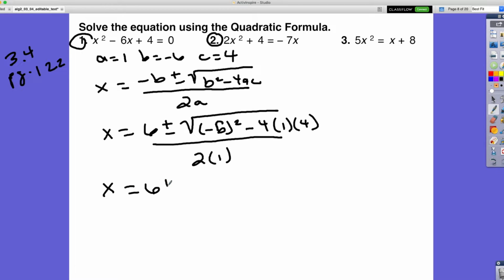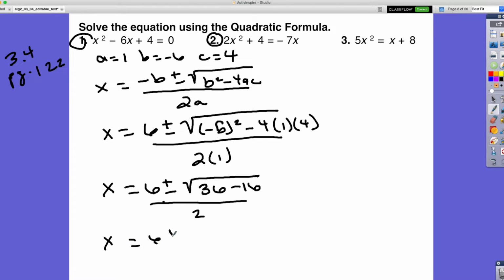So now we're going to simplify it. Square root of 36 minus 16 all over 2. So x equals 6 plus or minus the square root of 20 all over 2.